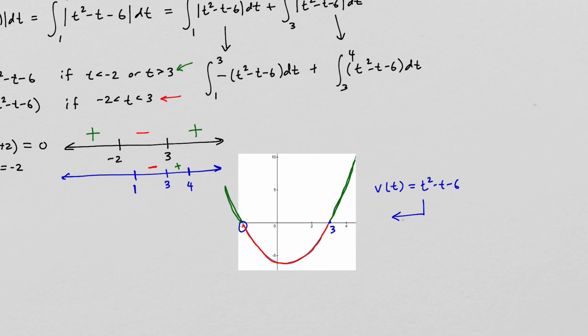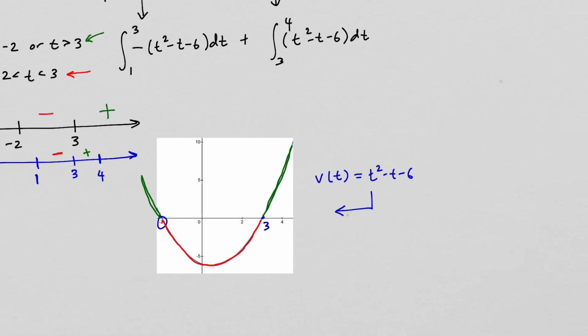So what it means is when you're doing an absolute value of a function, if the inside function is below the x-axis, you have to take the opposite of that number to make it positive. And if the function is already above the x-axis, you don't have to do anything to the function.